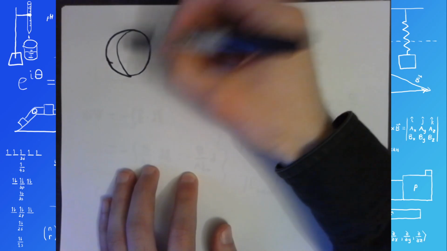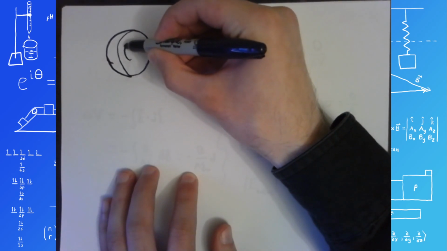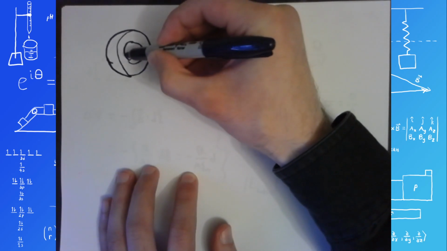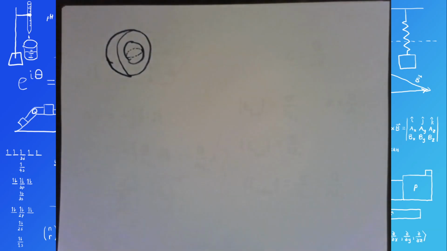Okay, so that's an open sphere, and essentially what I'm trying to show here is a pair of hollow spheres, a smaller one inside of a bigger one, both made of metal.